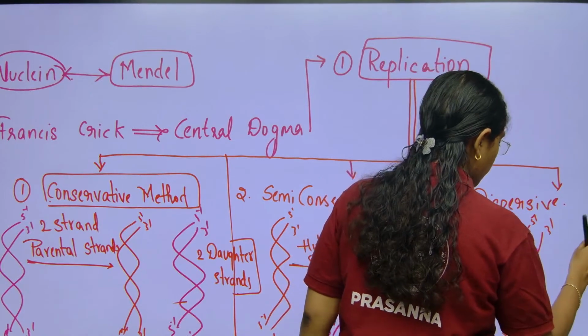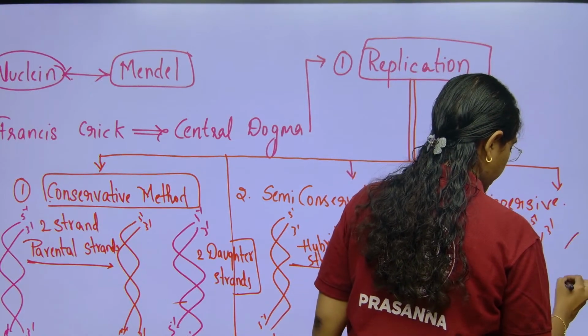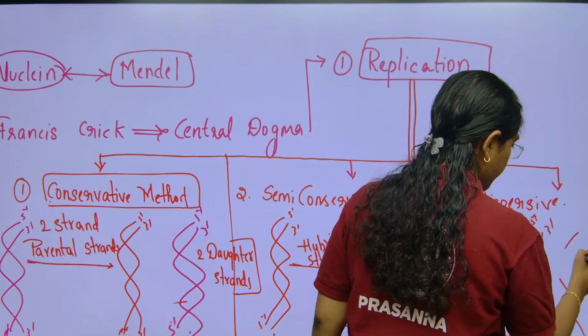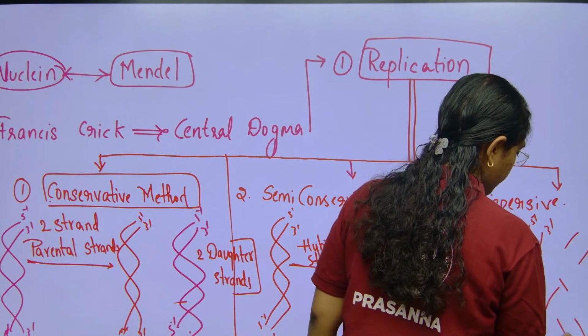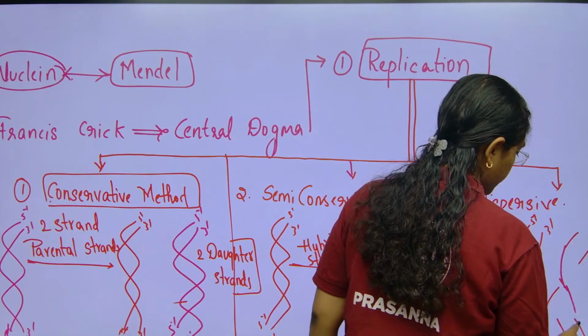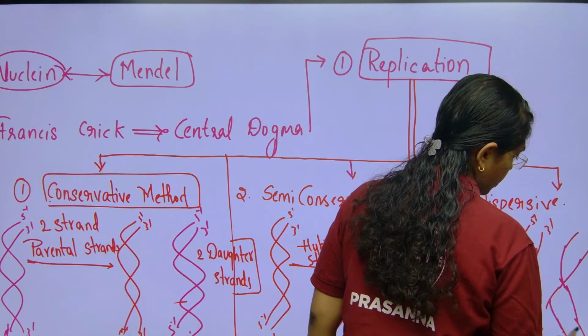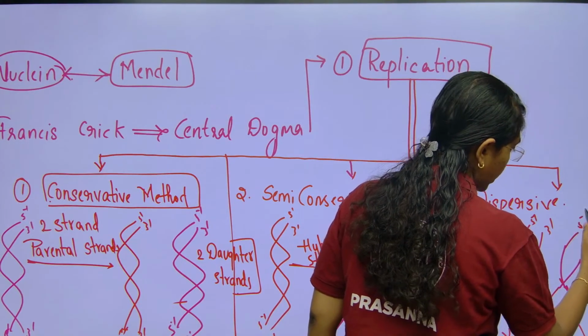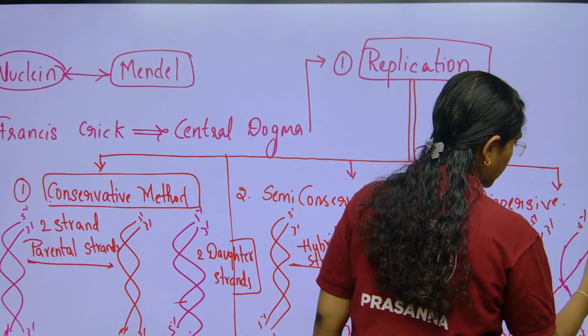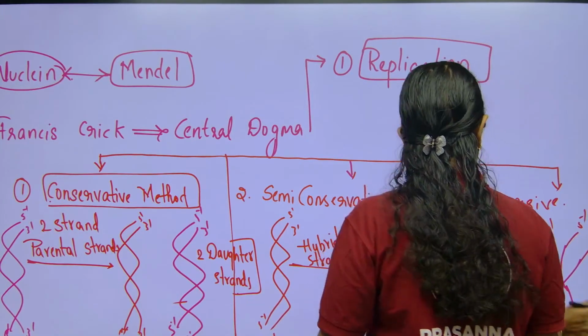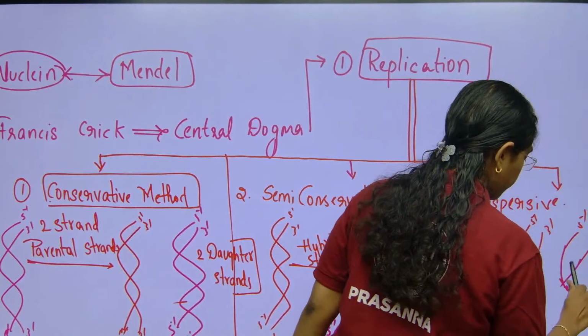Same is the case with the second strand. Yeah, the diagram is a bit uneven, but that's fine. If you understand the concept, that's okay.